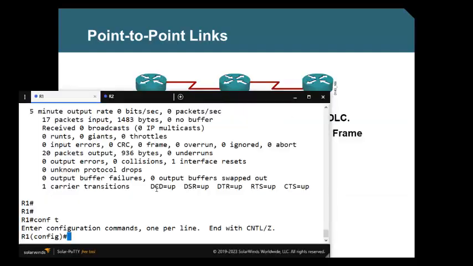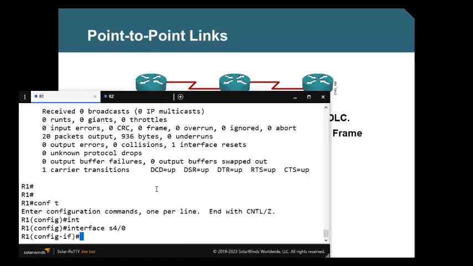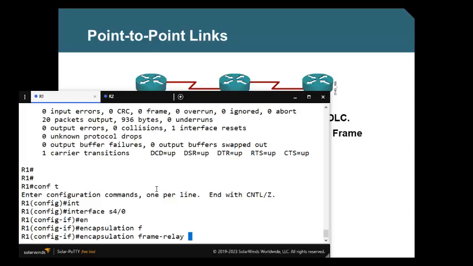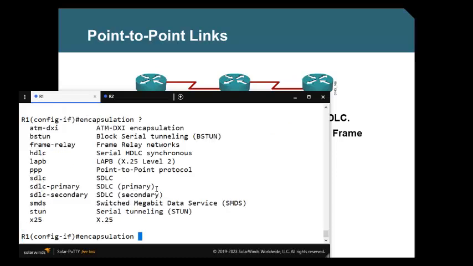See how many types? These are very old types. Frame Relay is also old. You may also have a sub-interface.